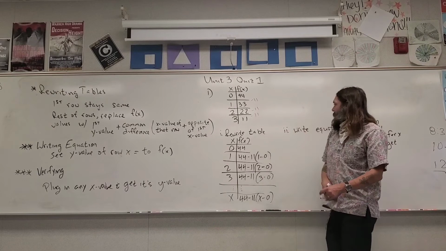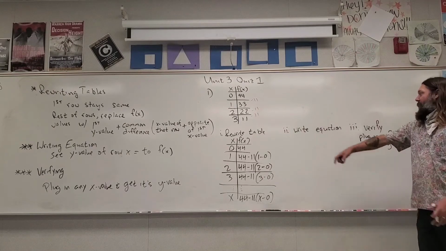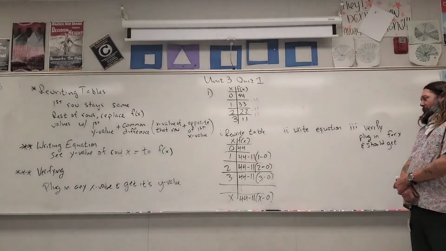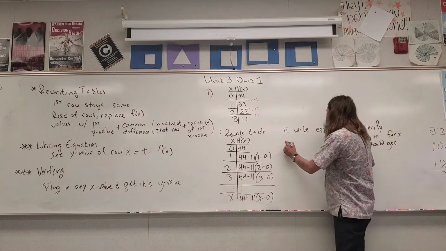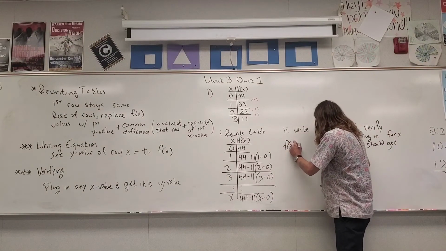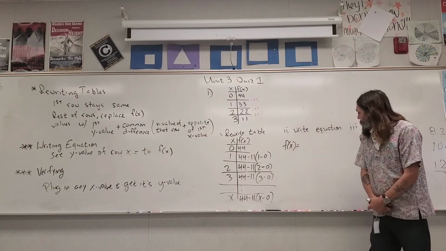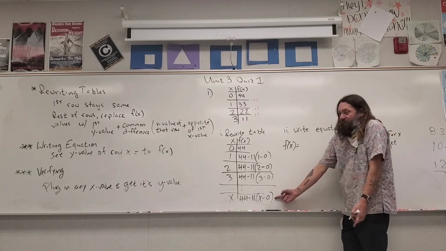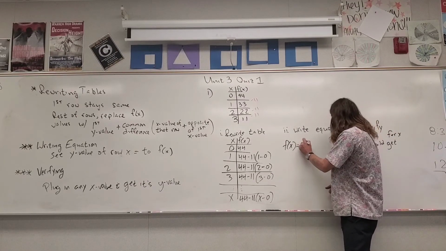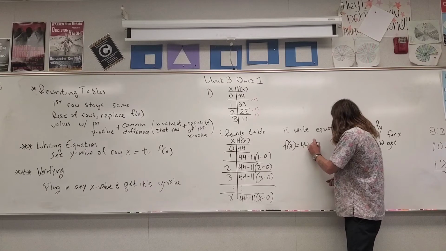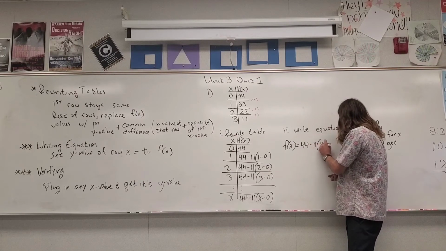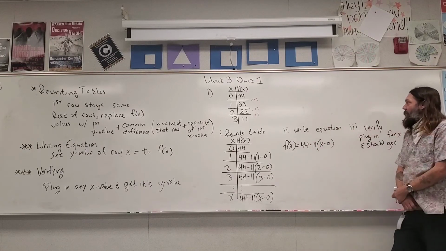I just rewrote the table with repeating numbers. Now I need to write the equation. And it's going to be f of x equals 44. Because remember, all I have to do is set that equal to f of x. F of x equals 44 minus 11, parentheses, x minus 0.